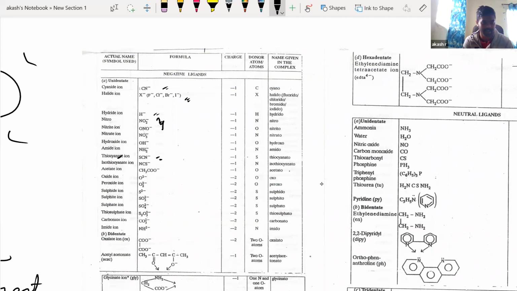Again, they are examples of ambidentate ligands. Nitrate, hydroxide, amide is okay. Again, these two, SCN minus and NCS minus, are examples of ambidentate ligands. Same formula, right? Either sulfur can donate or nitrogen can donate.